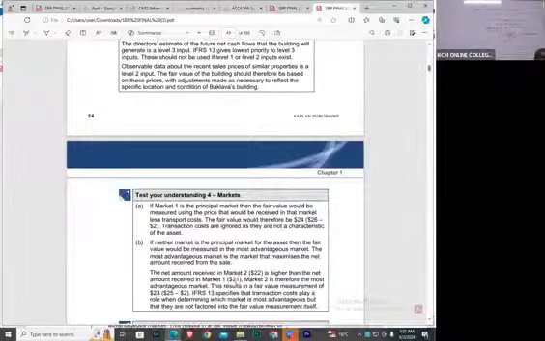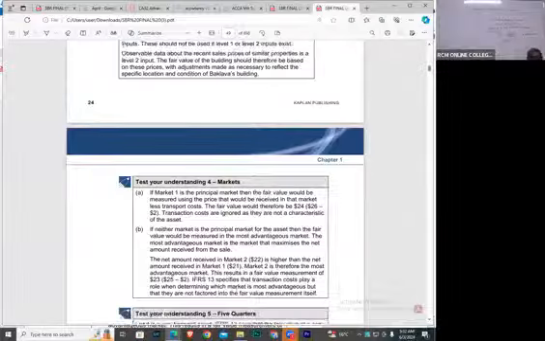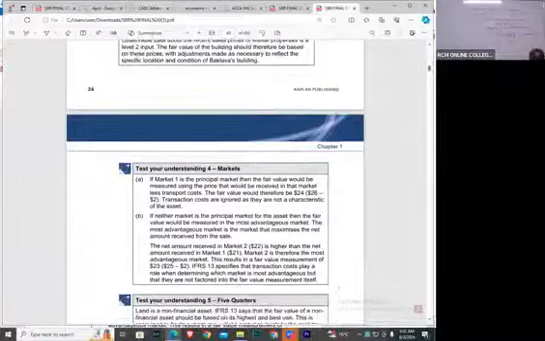Market 2 is therefore the most advantageous market. This results in a fair value measurement of 23. Remember, fair value is this selling price 25 minus 2. IFRS 13 specifies that transaction costs play a role when determining which market is most advantageous, but they are not factored into the fair value measurement itself.